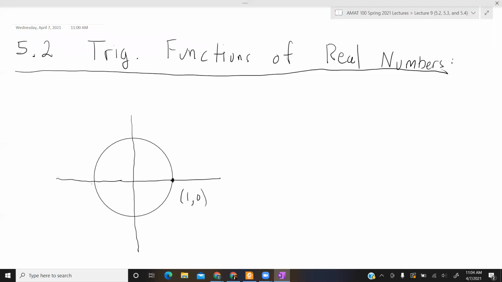We can't look side to side. All this right here and all this out here is empty space. It doesn't exist from our perspective. We're just on the unit circle. We can just kind of move in this direction or in this direction.